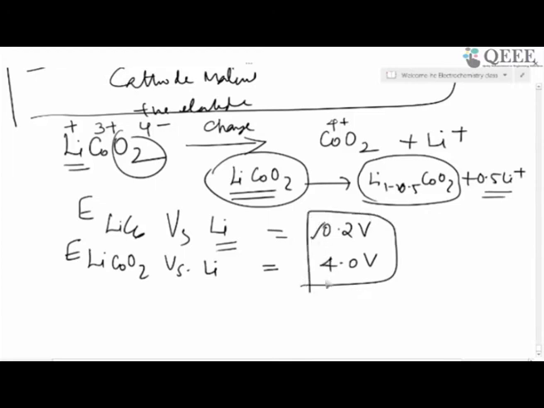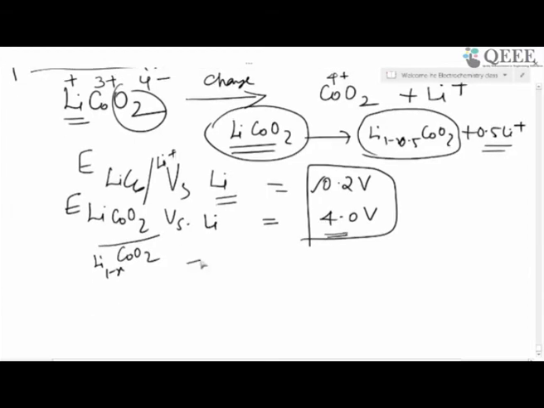This is the most negative among these two. That means my LiC6 will be the anode, and among these two this is the most positive. That means the lithium-extracted form of the LiCoO2 will be the cathode. What is the lithium-extracted form? That is CoO2 or Li1-xCoO2. Here this is going to be LiC6 and Li plus. This is a redox couple for the anode, this is a redox couple for the cathode.